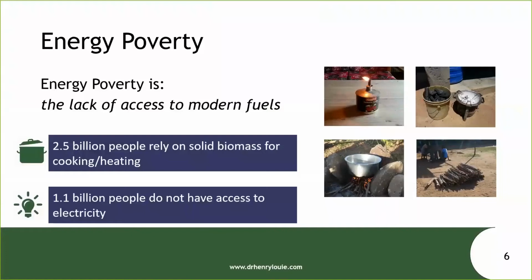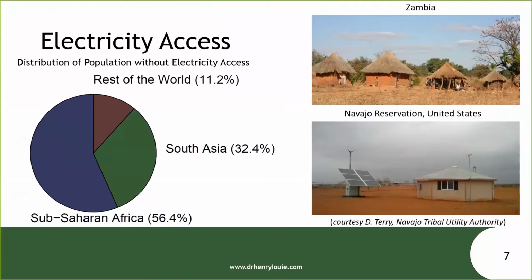We also look at energy poverty as lack of access to electricity. There's about 1 billion people that don't have access to electricity. So about 1 in 7 or 1 in 8 people on this planet don't have regular access to electricity. Most of these people live in 2 regions, sub-Saharan Africa or South Asia. Sub-Saharan Africa is by far the region with the largest energy poverty problem.